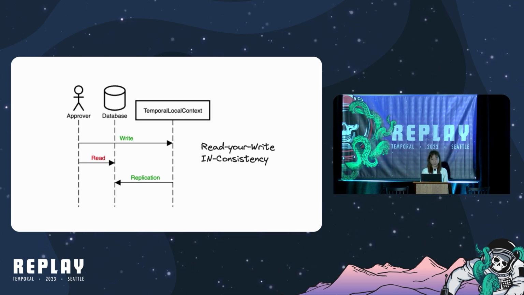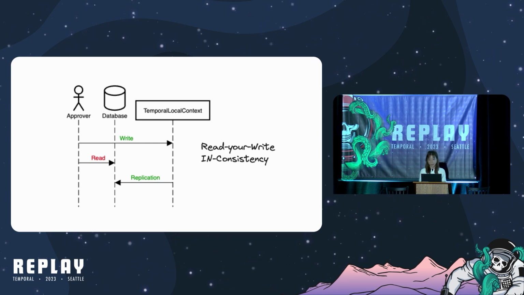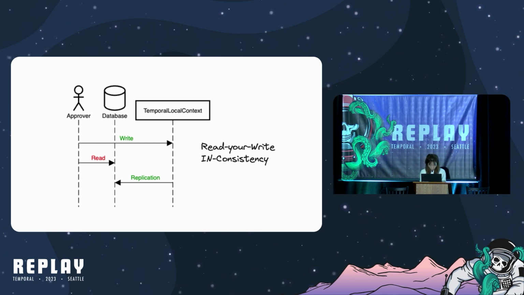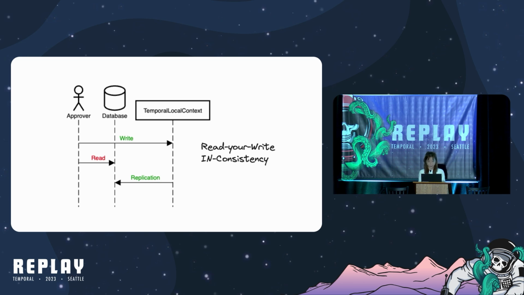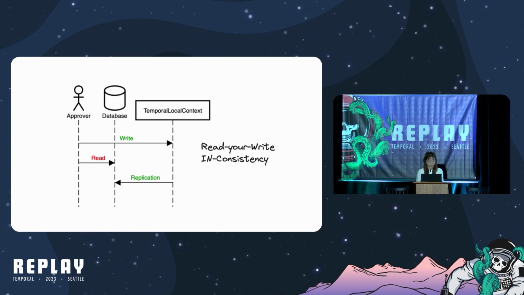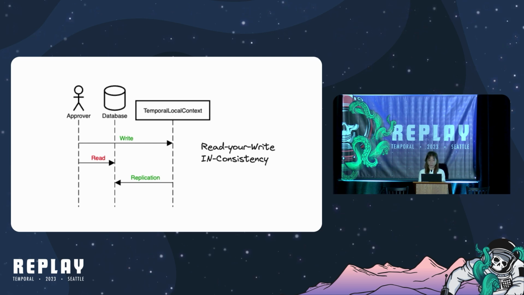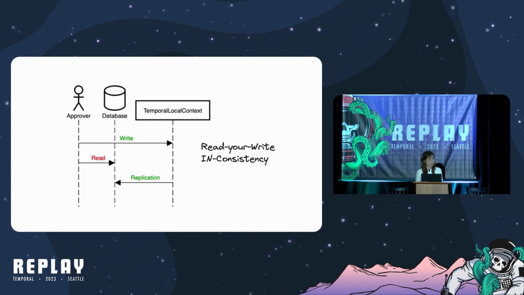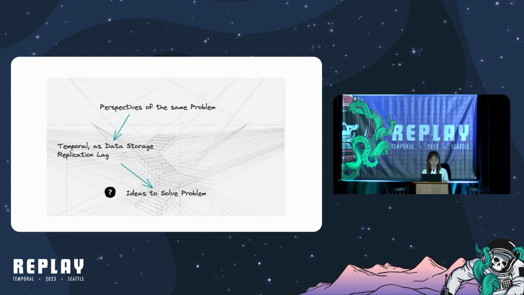With this design, if we read before the replication completes, we will provide stale data to our users. In most cases, this is okay because the replication lag is usually tiny and not observable. But what if the read and write operations are performed by the same user? They will get surprised. This type of problem is also known as read-write inconsistency.